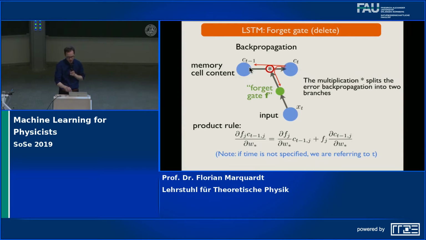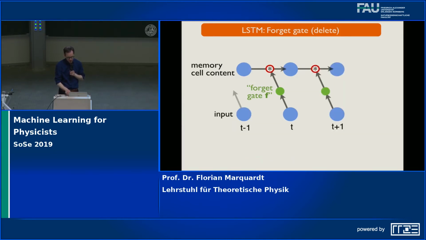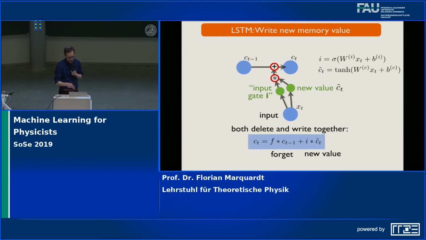But in principle, this is what happens behind the scenes with the backpropagation. So now, just to give the whole illustration, if I draw several time slots, then this forget gate and this deletion operation will act in each possible time step. And so I have to keep track of all of that.